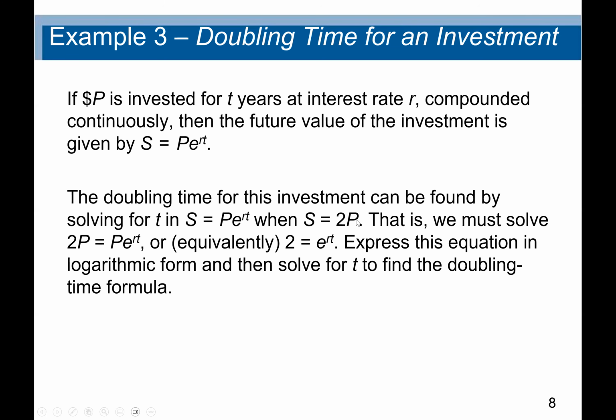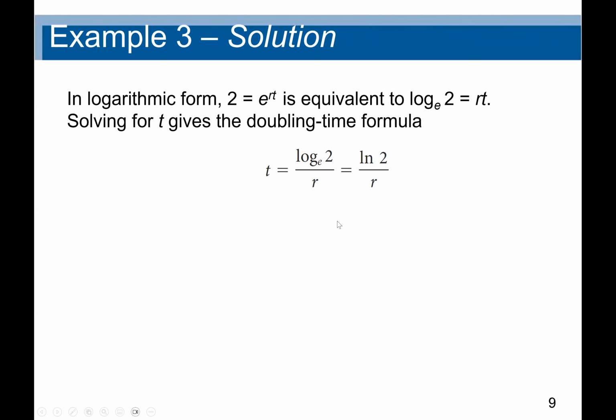Here we want to find how long it will take for us to double our investment. So we have 2 equal to e to the power RT. Since T is an exponent, we can convert the exponential function to a log function.